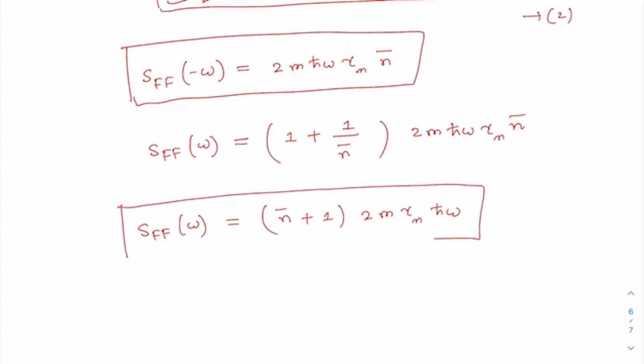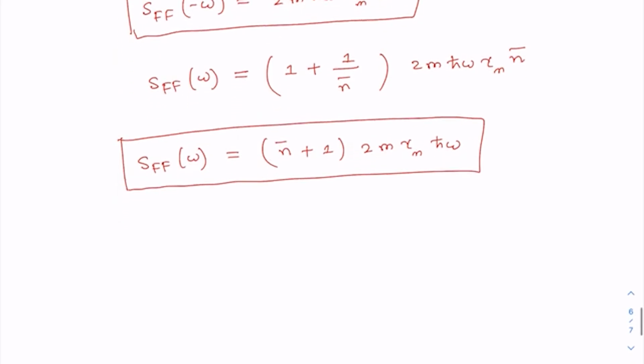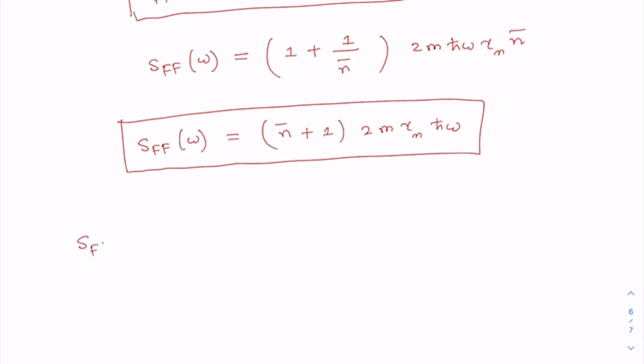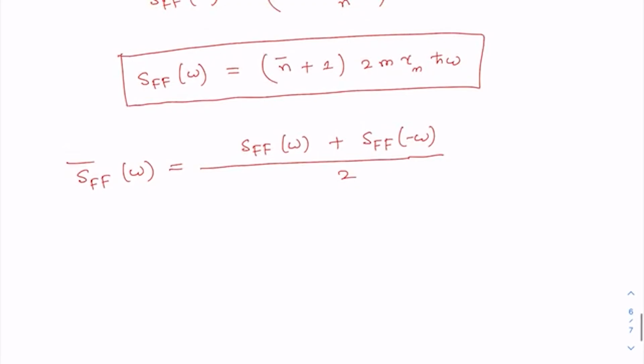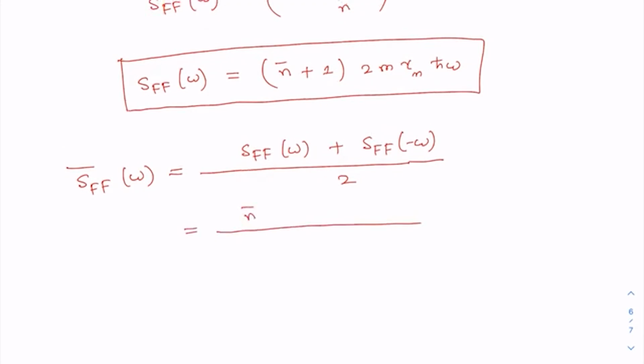So I now know the noise spectral density at plus omega as well as minus omega, so it is easy for me to work out this symmetrized function at frequency omega. That would be S_FF at omega plus S_FF at minus omega by 2. If I put down the expressions, first one I have n bar plus 1 times 2 m gamma_m h cross omega.